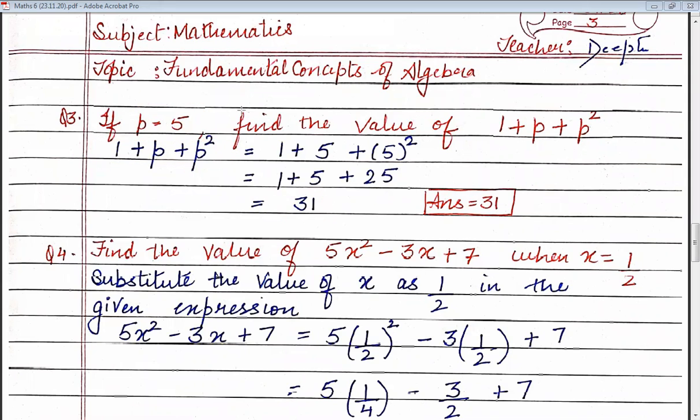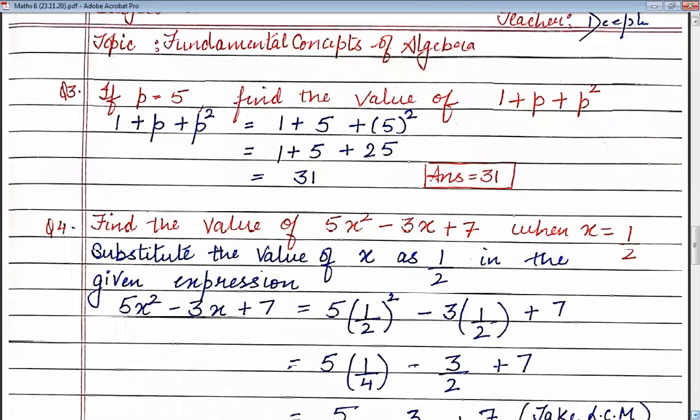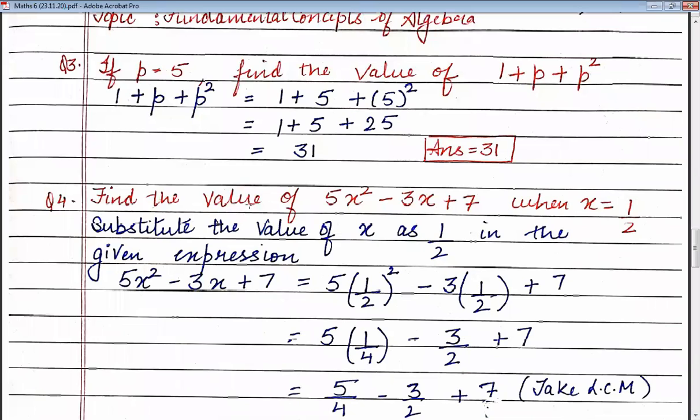Now let's move on to question number 4. Now in question number 4, the algebraic expression is given: 5x square minus 3x plus 7. This is our algebraic expression.